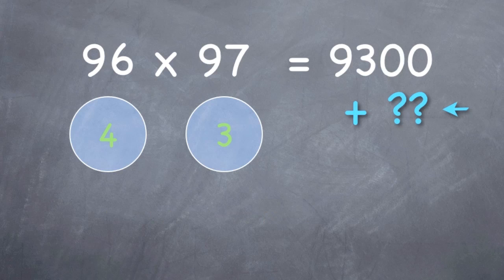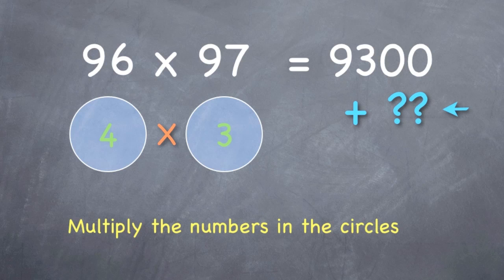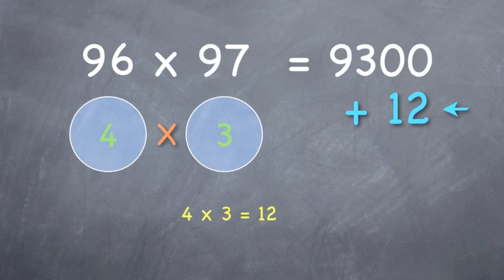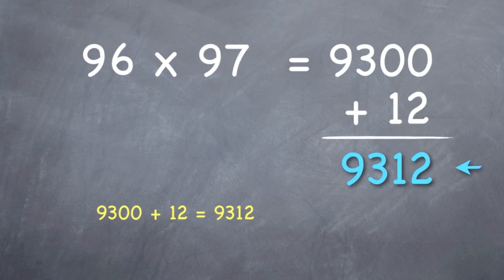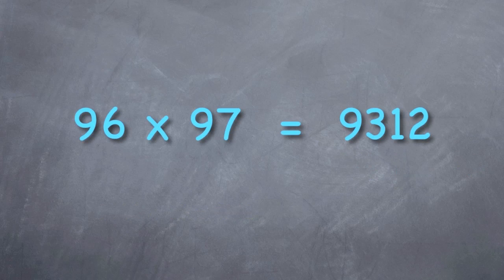So using the numbers in the circles, we multiply them. 4 by 3 will give you 12. So the answer will be 9300 plus 12, which will give you 9312. So 96 by 97 will give 9312.